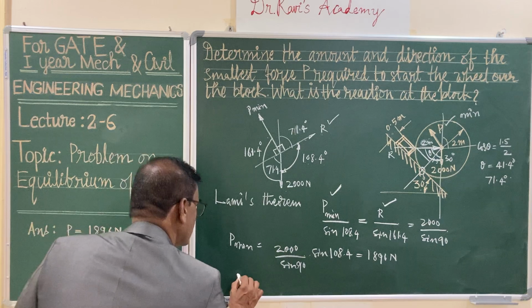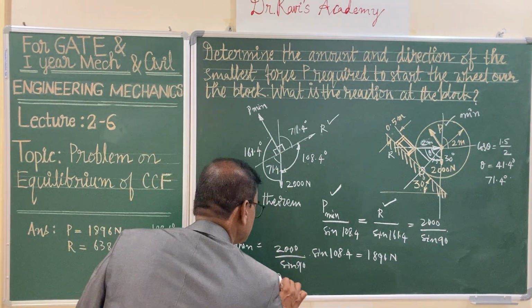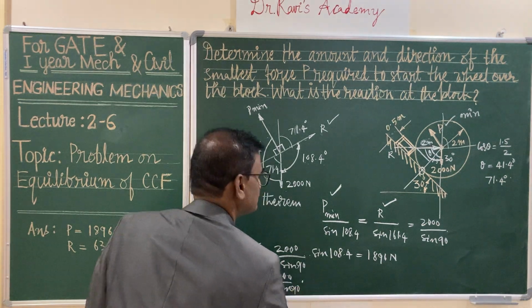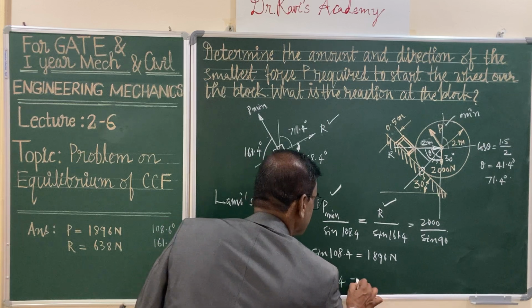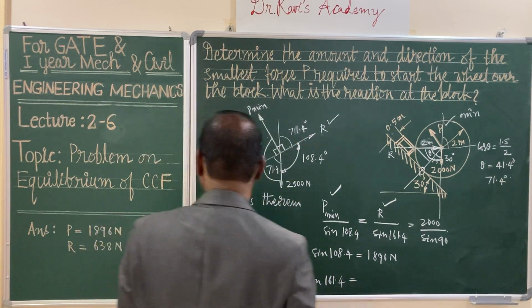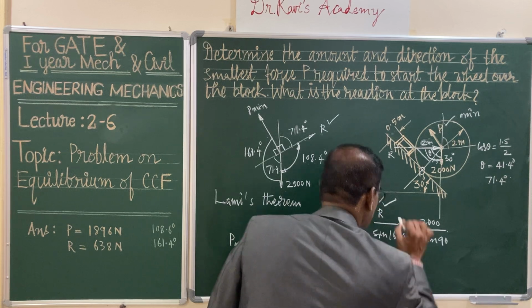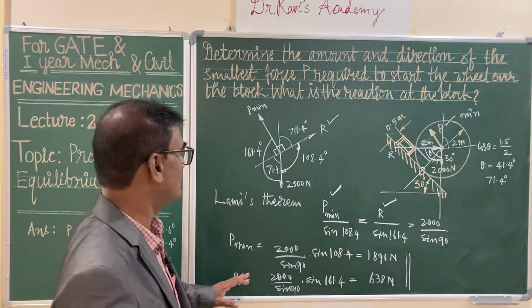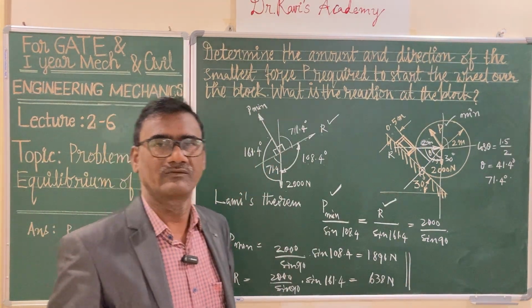And R is equal to 2000 divided by sine 90 into sine 161.4 degrees, and this gives you 638 newtons. So these two are the answers, that is the P minimum as well as the reaction offered by the hurdle upon the wheel. Thank you very much for watching this video.